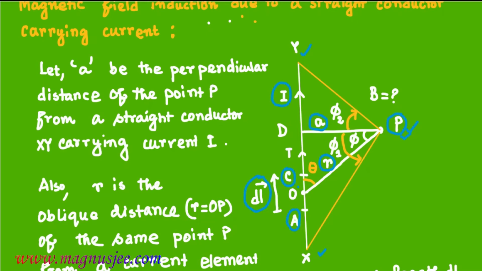Vector dl is the length vector of this elementary portion AC of the straight conductor XY. Theta is the angle subtended by the tangent OT. We can draw a tangent OT at the point O on the current element. That tangent OT makes an angle theta with the oblique distance r.